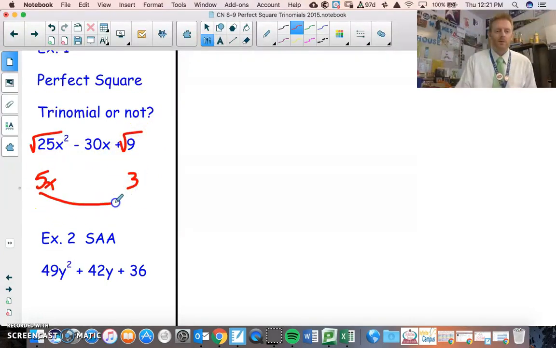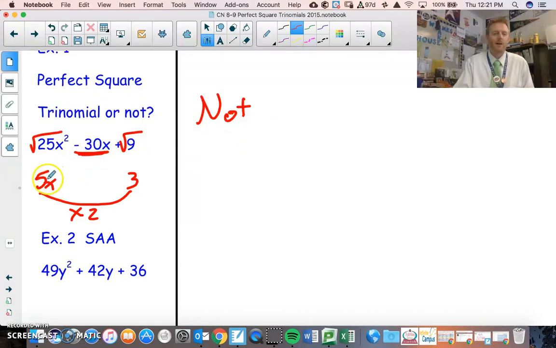And then when we multiply these together and then times 2, we would get the middle number. If they do work that way, then it's a perfect square trinomial. So this one is not a perfect square trinomial because 5 times 3 is 15x, but times 2 makes it a positive 30. The only way, oopsies.